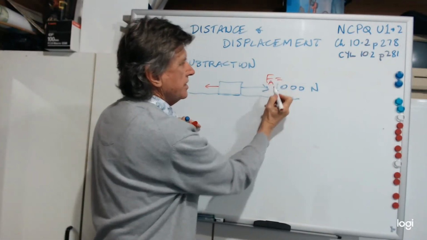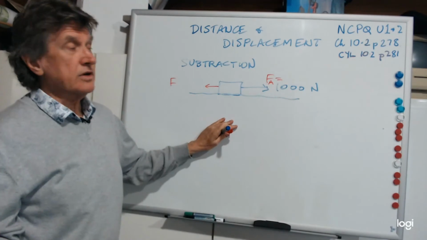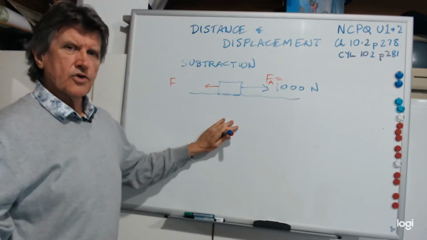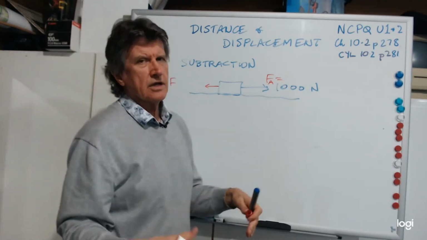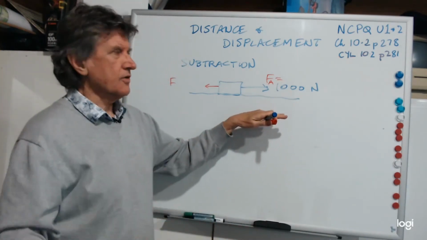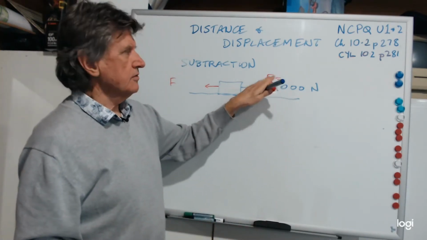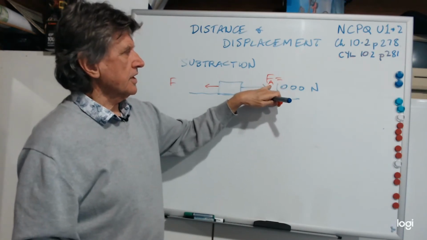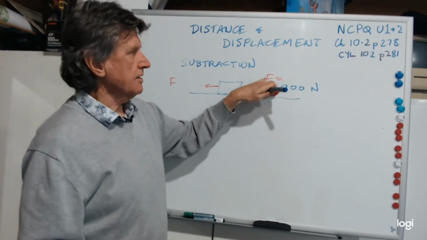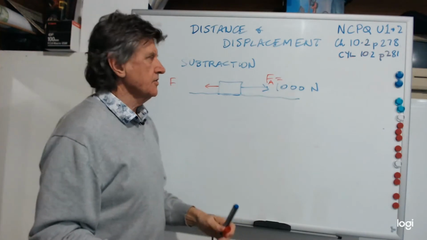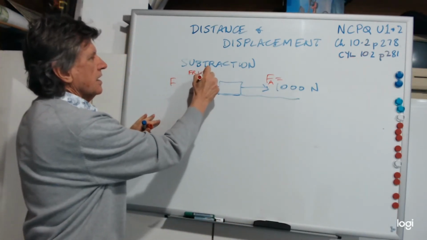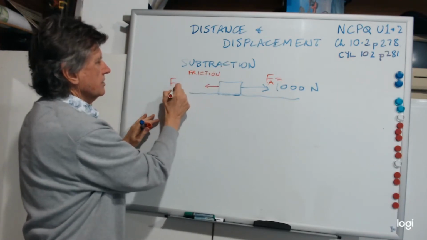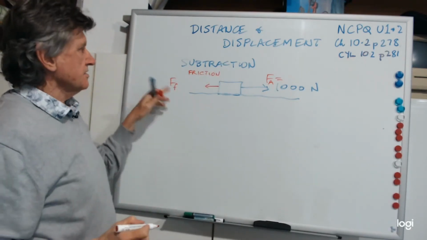We do this in grade 12 basically, which will be your unit 3 at the end of the year, just after the end of term 3. So for when you do term 4, we'll be using terms like A. That stands for applied. So the applied force is 1,000 newtons. Let's say we've got a force of friction back here, and I'll call it little f. So that's the force of friction.